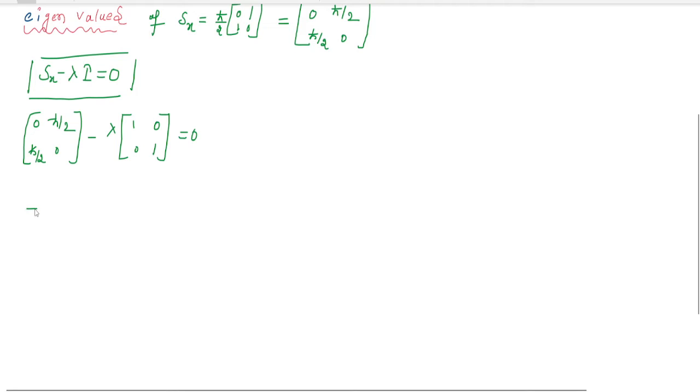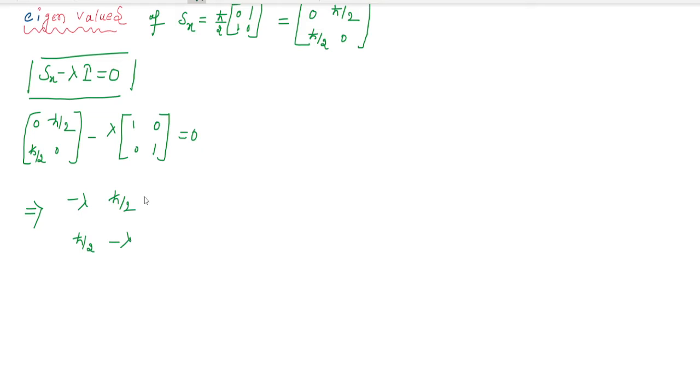Now simplify this equation: minus lambda, h cross divided by 2, h cross divided by 2, minus lambda, equal to 0.